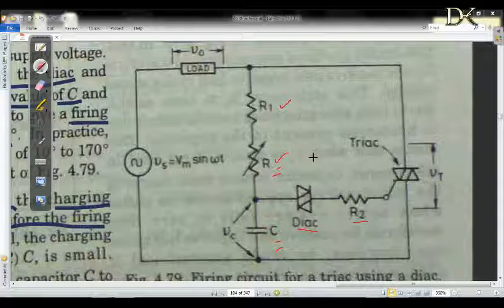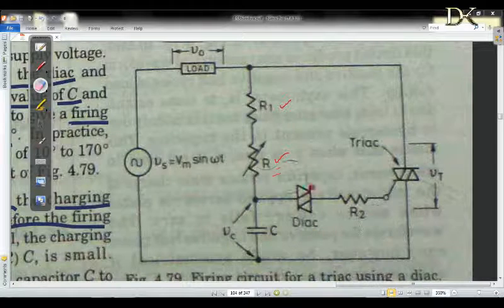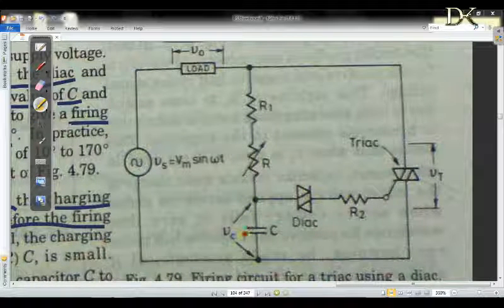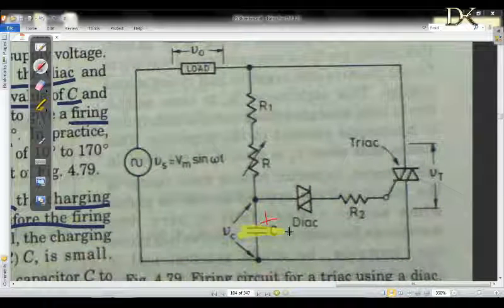Okay, so when capacitor C, with upper plate positive, charges to the breakdown voltage VBO of the diac, the diac turns on.